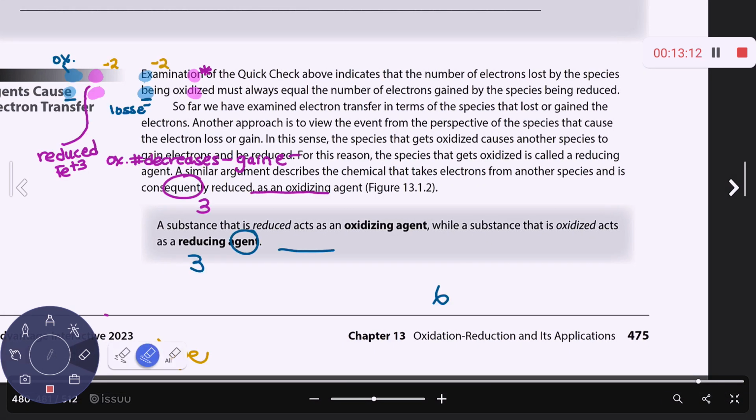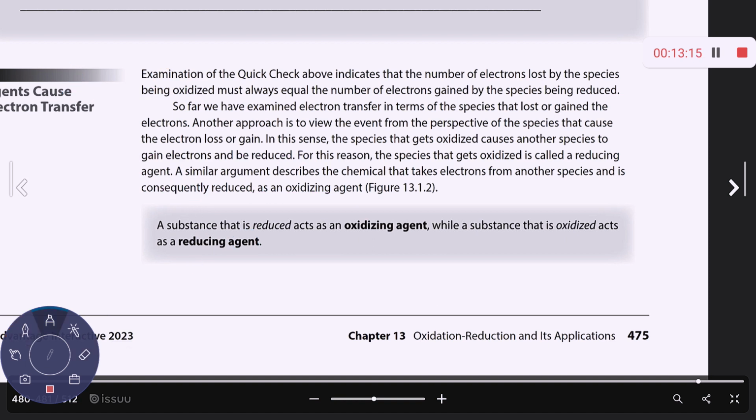Since we now know how to label things as being oxidized or reduced, whatever is reduced acts as an oxidizing agent. That means whatever is reduced will oxidize the other reactant.